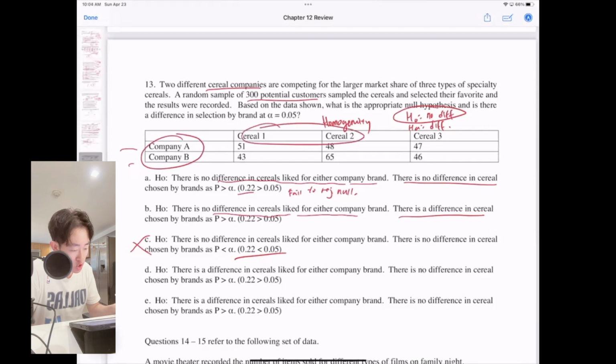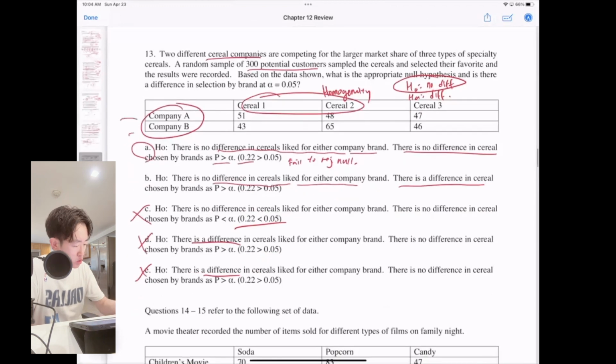So there is no difference in the cereals, and so D and E are out because they're saying that there is a difference in cereals for each company brand. Yeah, so it should be A for 13. That's the only one that makes sense.